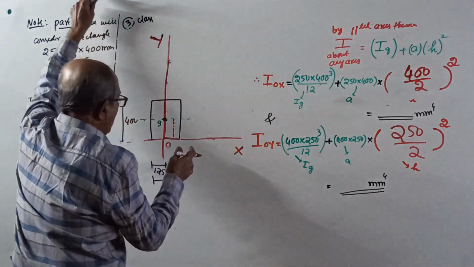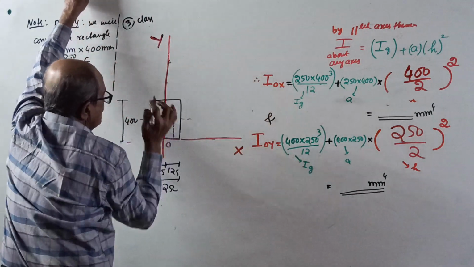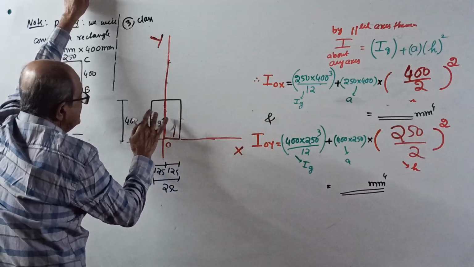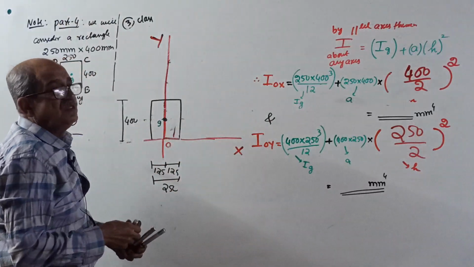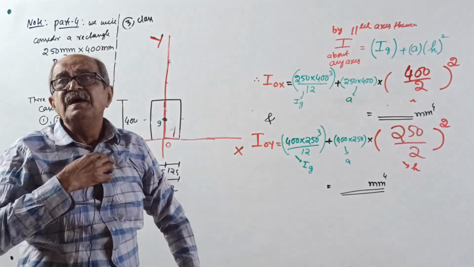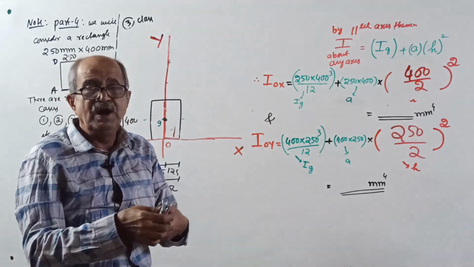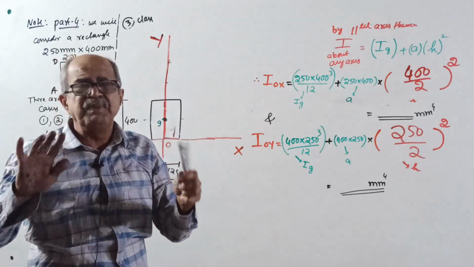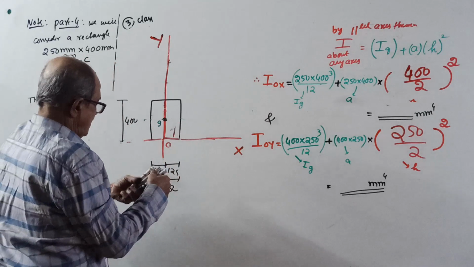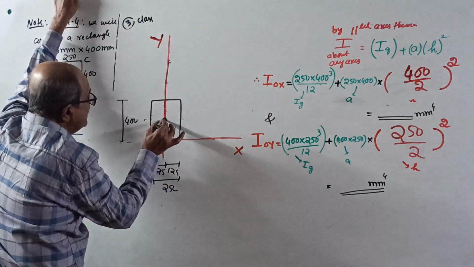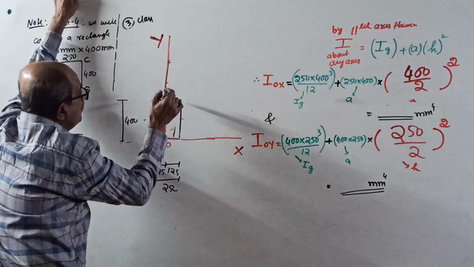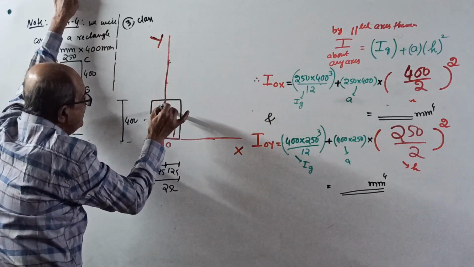Now come to I about OY. What to do? Remove everything, the pencil mark. Actually, not by practicing once, but repeatedly going through this class will give you complete control. One fine day you will say, now 100% clear. See, the axis passing through the centroid parallel to YY is the same axis here.